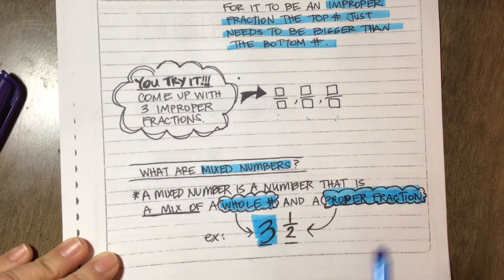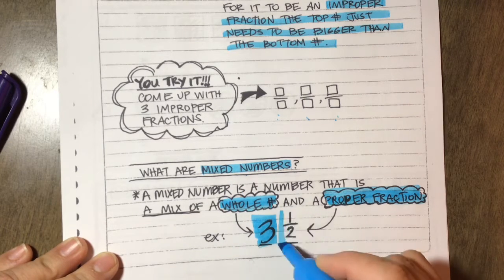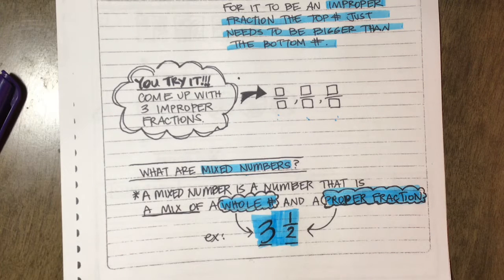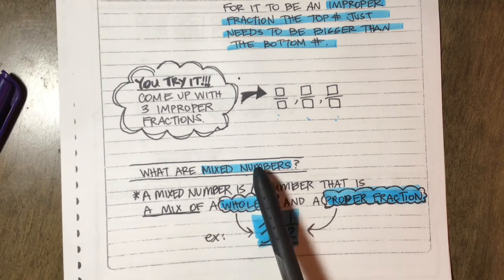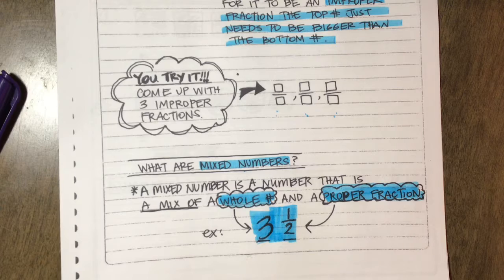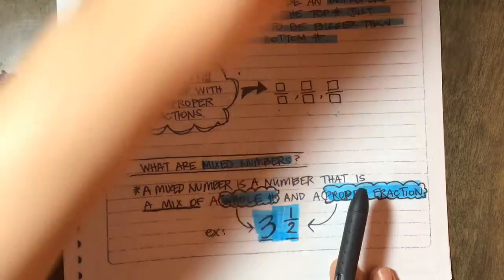So that's just something you should keep in mind for our next lesson. So once again, a mixed number is just a mix of a whole number and a fraction put together as one number. So for example, when you look at this number, you go, hey, that's 3 and 1/2. And you know it's a mixed number because it has a whole number and a proper fraction on the side. Okay? Easy peasy. Now let's go on to the next page.